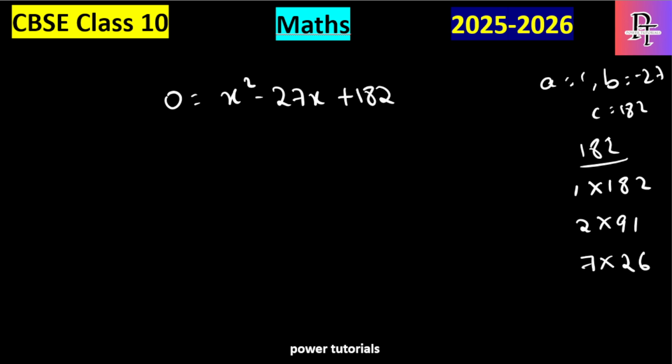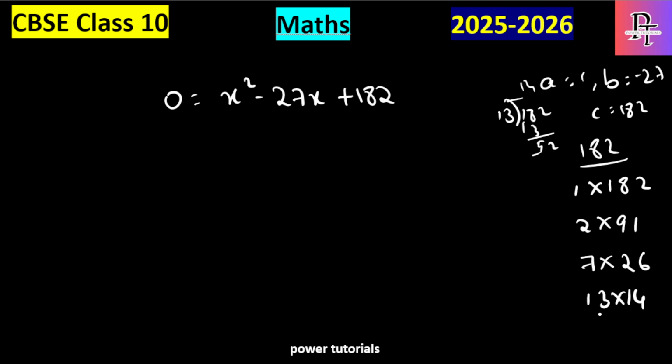So 13. This is a little tricky because you need to get the factors one by one. Let's see for 13. 13 1s are 13, 13 4s are 52. Yes, 13 into 14 is possible. That's it, because again it will come from 14 back. So till 13 we need to check for this.